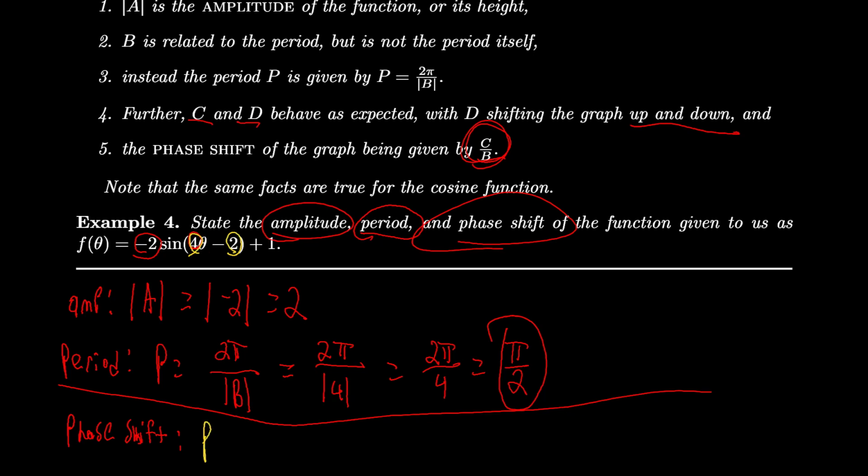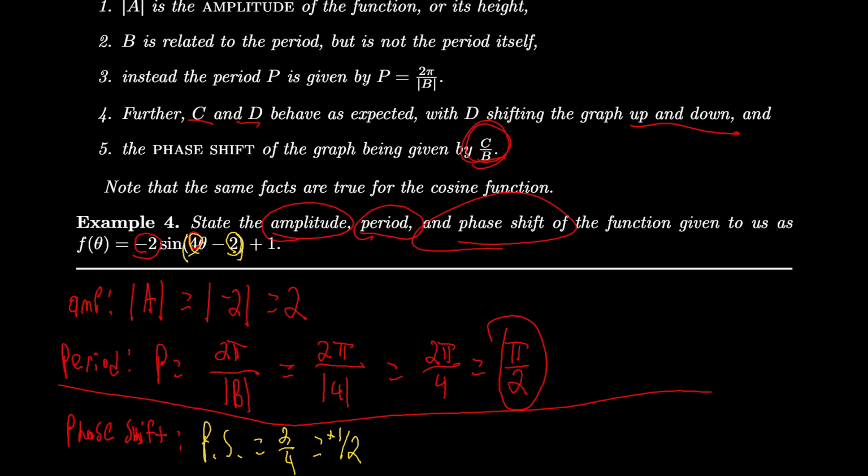So your phase shift, which I'll call PS, is 2 over 4 or 1/2, which means that this thing has been shifted 1/2 of a unit. In which direction? Look back at 1.5. I'll let you do a little bit of a review real quick. But it is a positive 1/2, so you tell me which direction you think it moves. Remember, everything that I pulled from this was inside the parenthesis, so it's the opposite of how you would hope it would move. But that's it for this section.